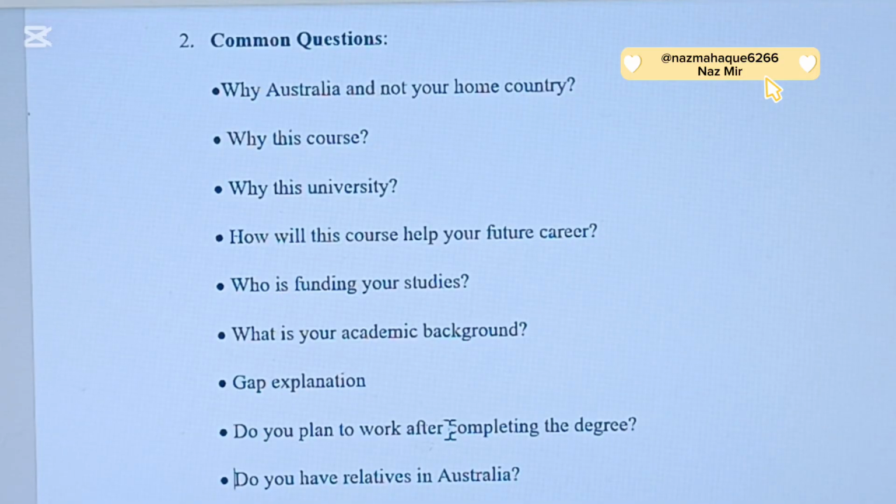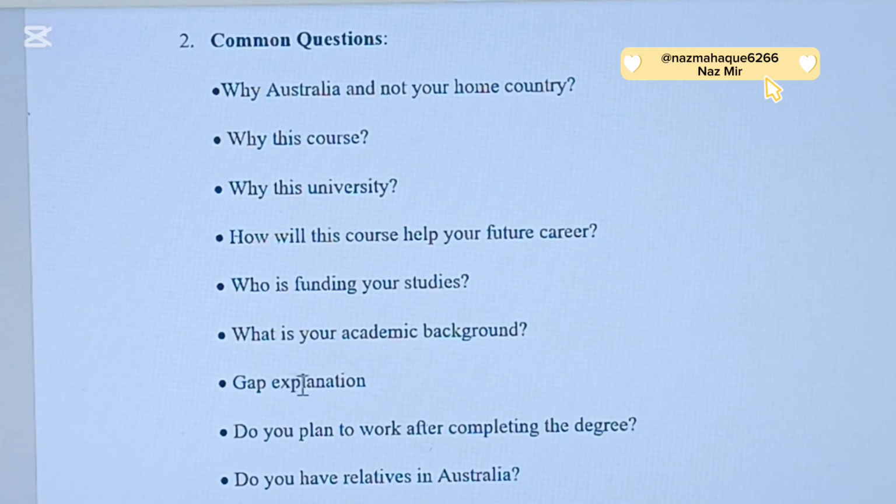It sounds too generic. And also, gap explanation. If any student has a gap between their study periods, they will focus on this topic. They will ask you, why did you take the gap? What did you do in this entire time period?